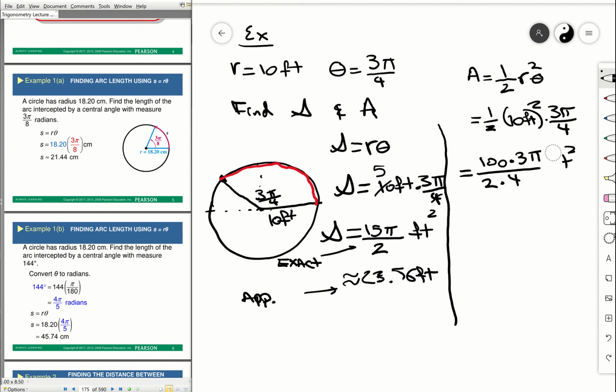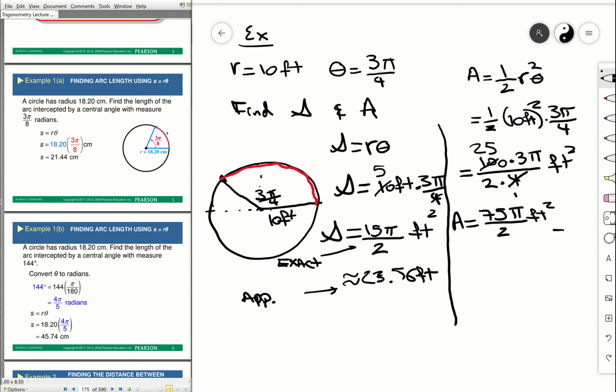And you should always make sure that you check your units to make sure that they make sense, because that also helps make sure that you didn't make some error in some step. Now we're going to go ahead and cross cancel the 4 and the 100. We know that leaves us 25 on the top and 1 down here. So we end up with 75 pi over 2 square feet for the area.